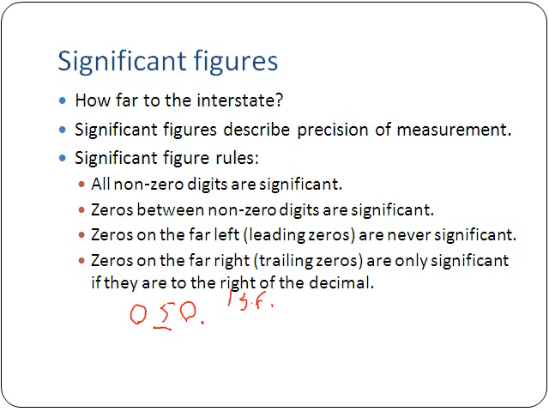Okay? Now, what if instead this had been the number 050.00? Well, let's take a look. The 5 is significant because it's not 0. Are there any trailing zeros that are to the right of the decimal? Yes. There's one out here and one right here.